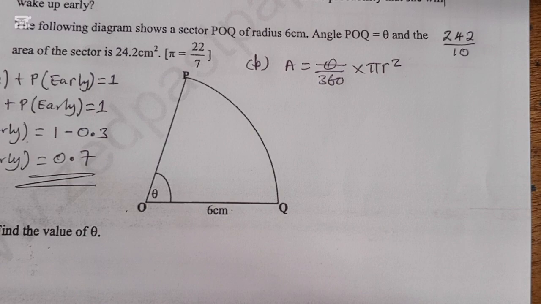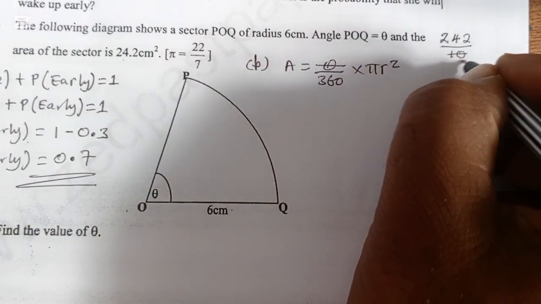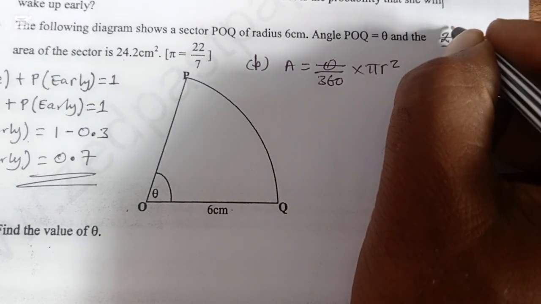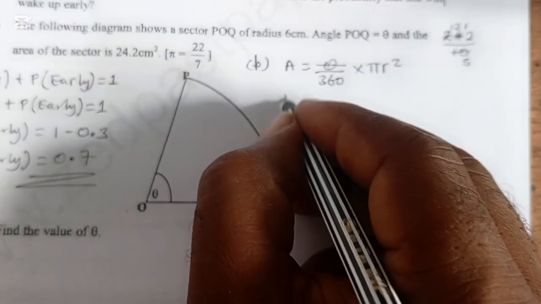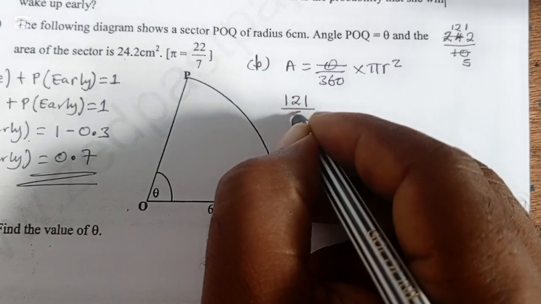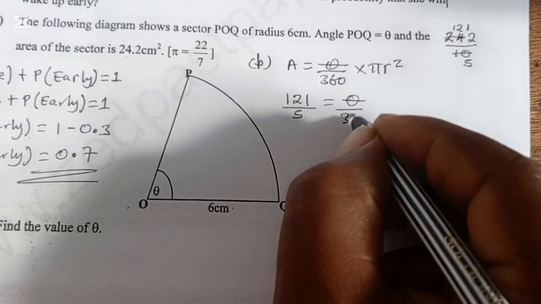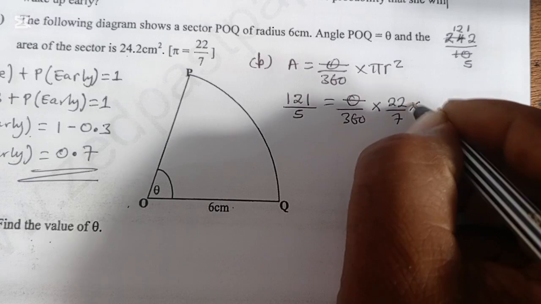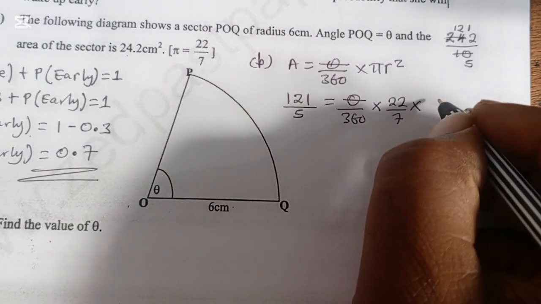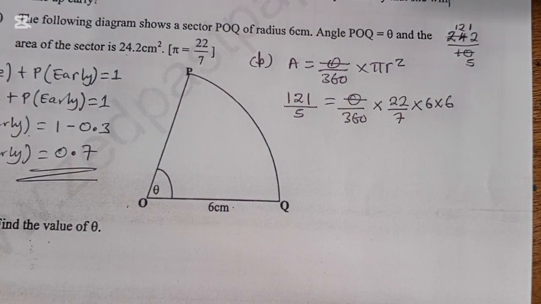Then I'll find a number that can go into 10 and 242, which is 2. 2 into 10 is 5. 2 into 242 is 121. So area is 121 over 5 equals theta, which is what we are looking for, over 360 times pi, which is 22 over 7, times radius, which is 6. So it is 6 squared, 6 times 6.